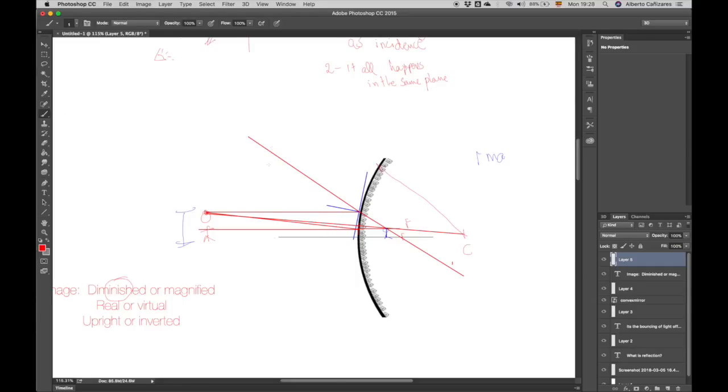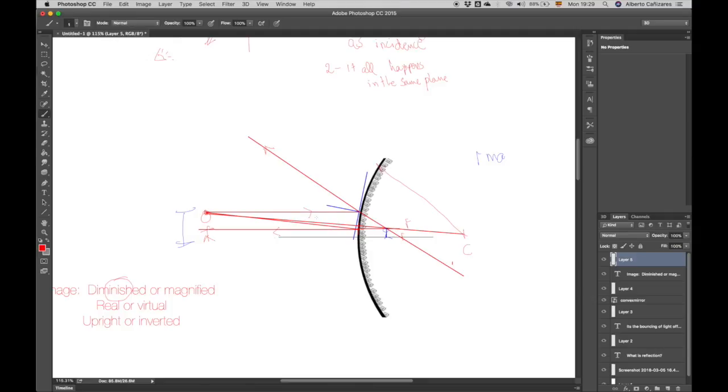The image is virtual. I should have probably drawn these, because these light rays are going first in and then out, then in and then they go out. And so the light is not actually crossing at the image. This is just apparent.